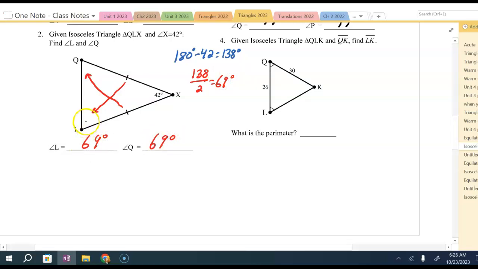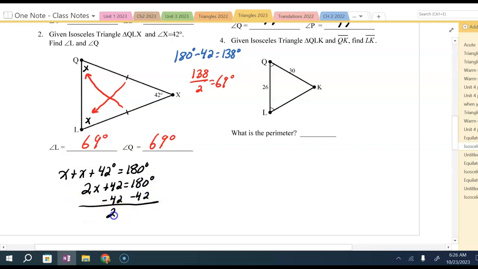If you prefer, you can call the angles x and say x plus x plus 42 is equal to 180. 2x plus 42 is 180. Subtract 42 from both sides. 2x is equal to 138. And divide by 2. Each angle is 69 degrees.